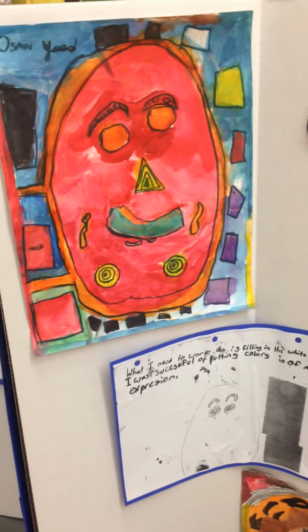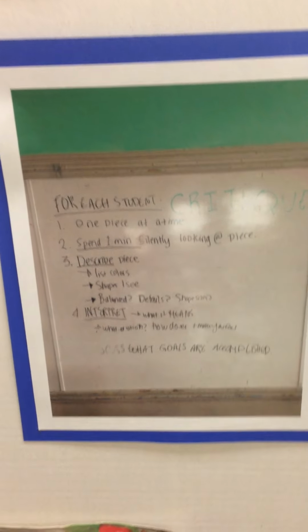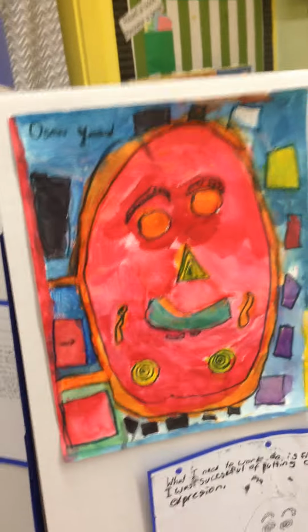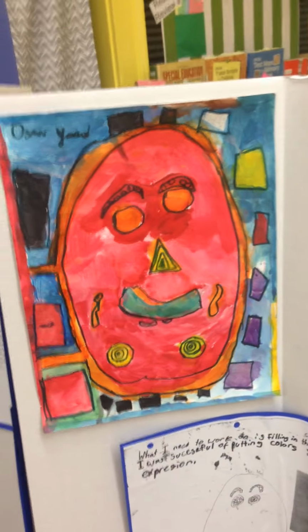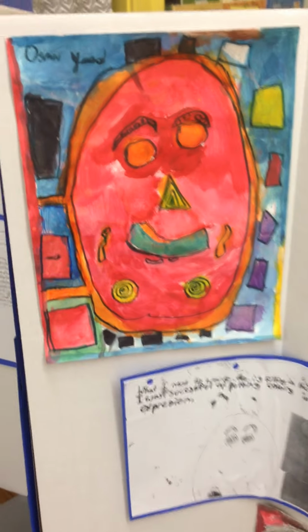What do I need to work on? And then they critiqued one another by using whatever the goal was. And the students saw, did my classmate meet their own personal goal? Great way to differentiate.